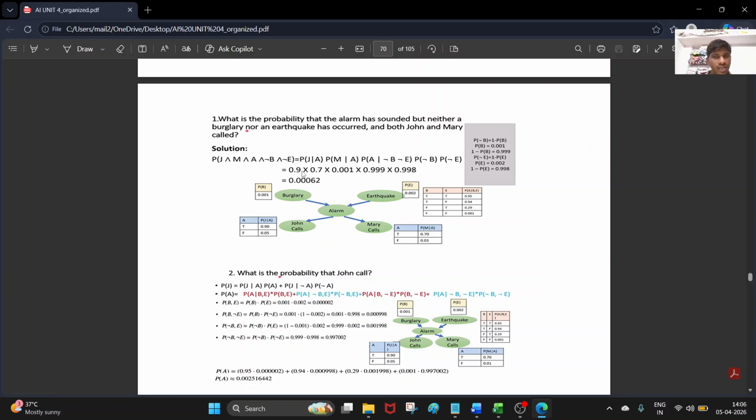This can be rewritten in terms of conditional probability: P of J given A, into P of M given A, that is, John calls when the alarm rings and Mary calls when the alarm rings, into P of A given no burglary and no earthquake, and P of no burglary and no earthquake. These values can be computed from the tables given, and finally the answer will be 0.00062. Similarly for John calls.